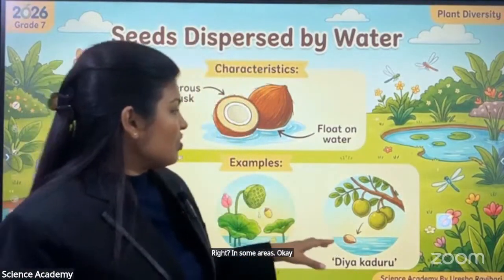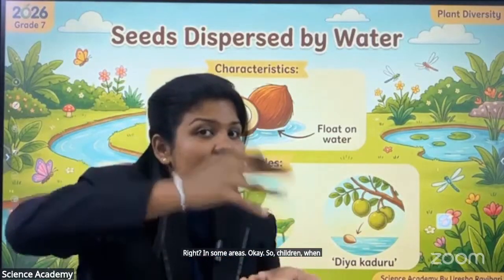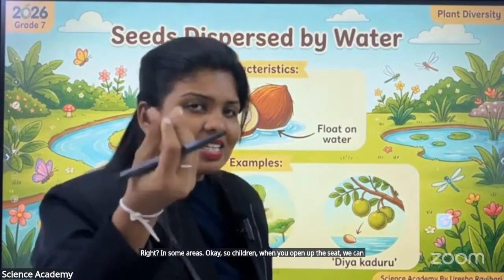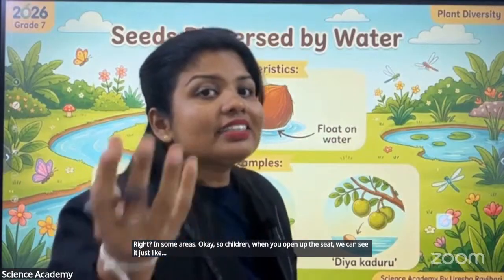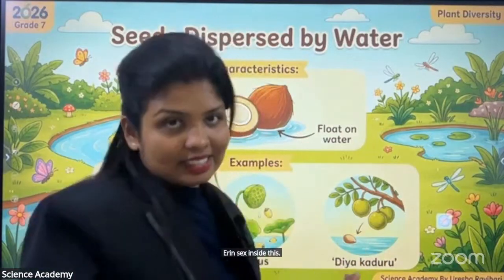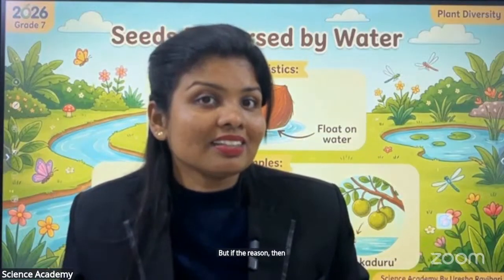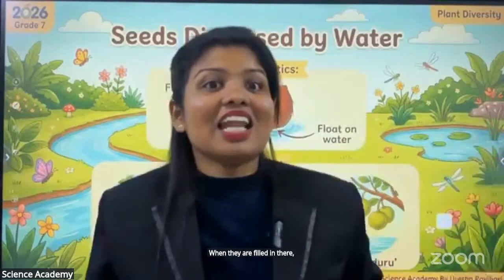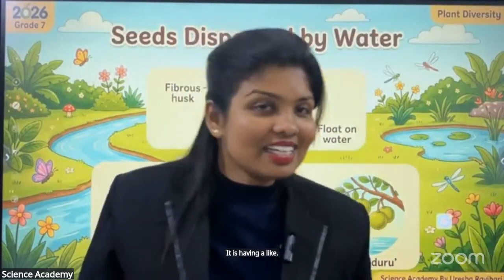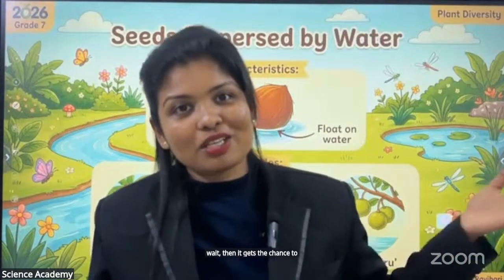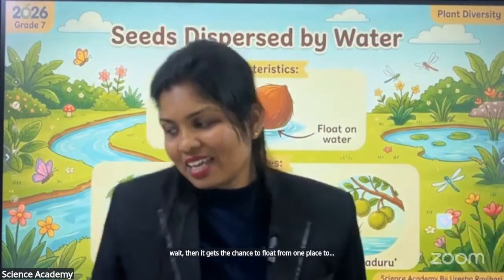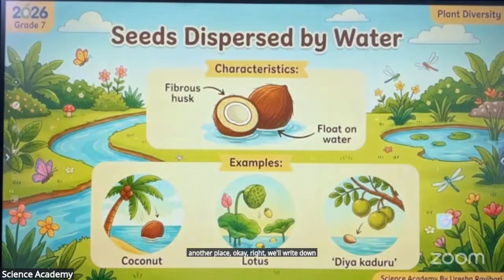What is the reason? When the air is filled in that, it has a light weight. Then it gets the chance to float from one place to another place. Okay, right. We'll write down that also.